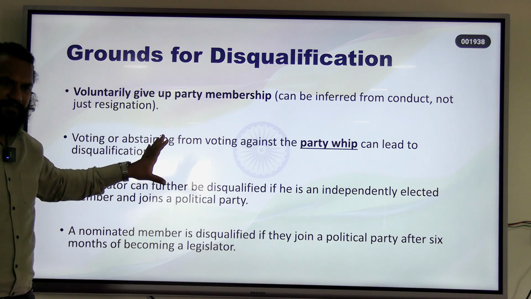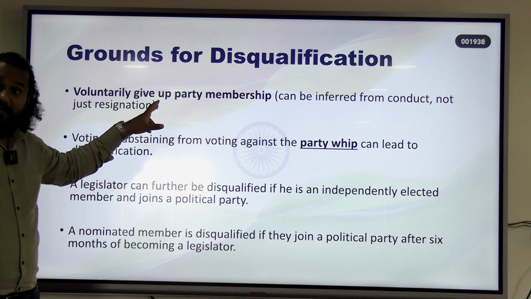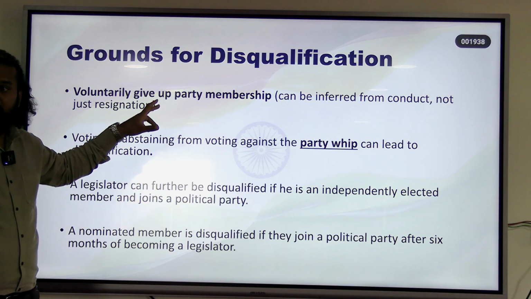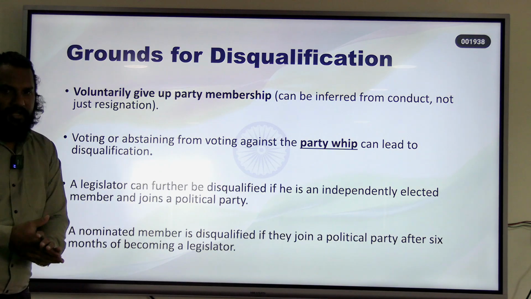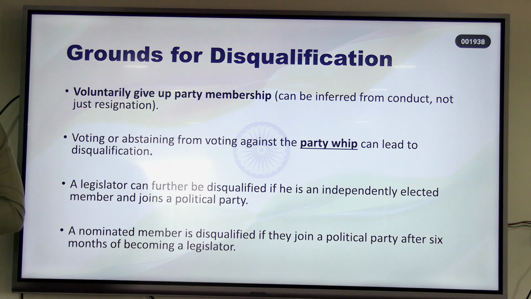You are understanding? First, resigning from the party. Second, not following the instruction of the party in case of voting in the legislature house. Third, it is related to independent candidates. There are a lot of independent candidates who won the elections.